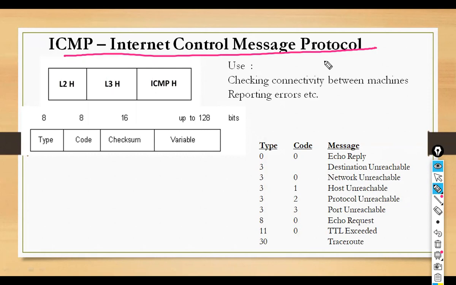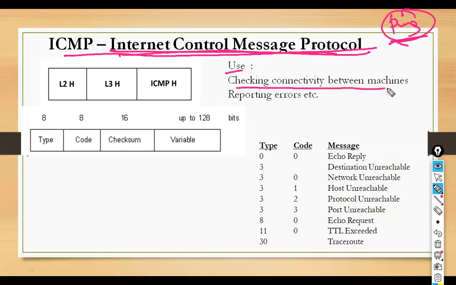So far we have been using ICMP only, right? For ping, when we ping something, we are really using the ICMP protocol, checking connectivity between machines, reporting errors, etc.